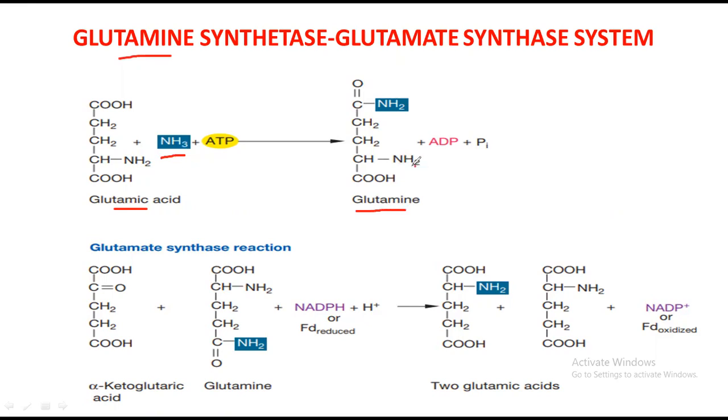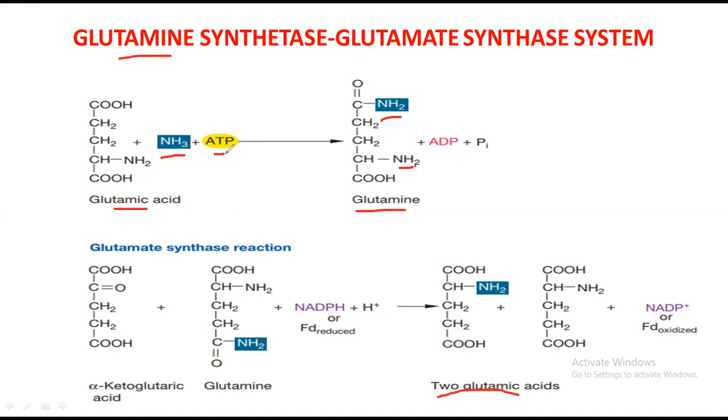And we all know that there are two NH2 in glutamine. After that, the reaction will not stop here. Then it will react with the alpha ketoglutarate and will give rise to two glutamic acid. So this is the glutamine synthetase, glutamate synthase pathway, and it will use ATP.